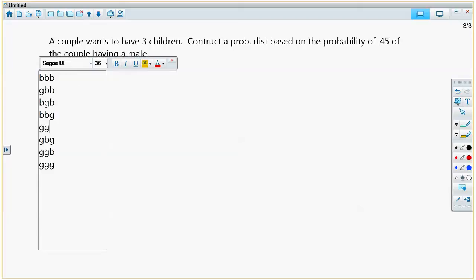Girl, girl, no. Girl, boy, boy, right? Is that all of them? There should be 8. Tell me which one I don't have. I can't stand these things. Boy, girl, girl. Thank you. All right, there's 8 of them. Make sure I didn't repeat.